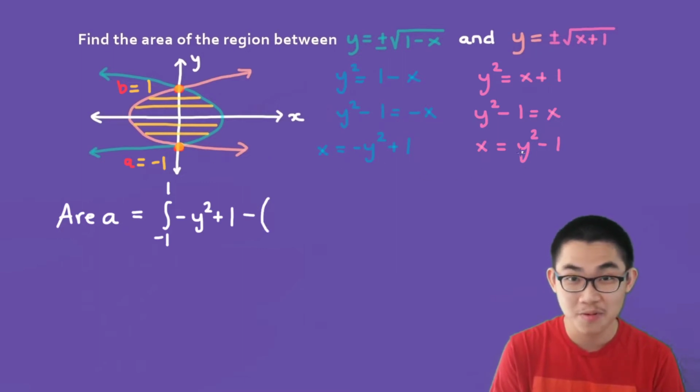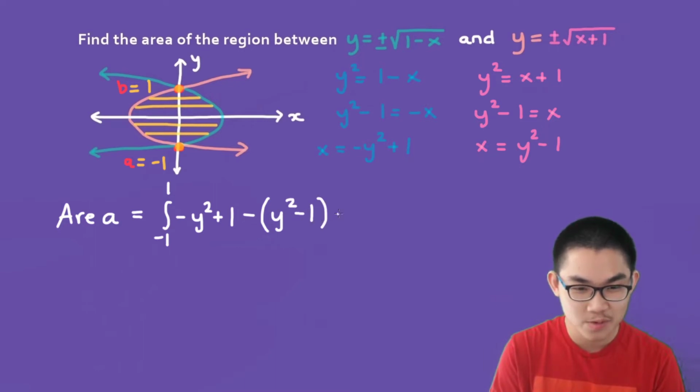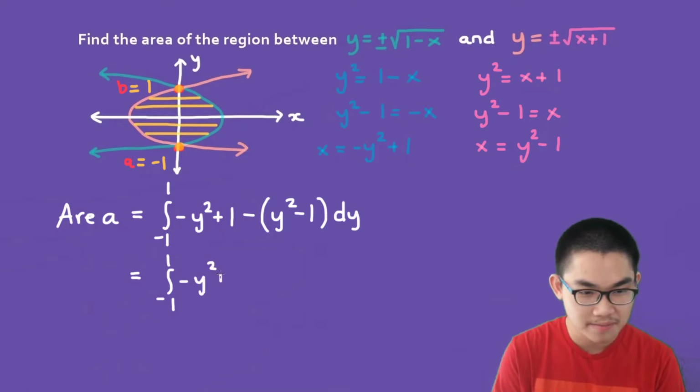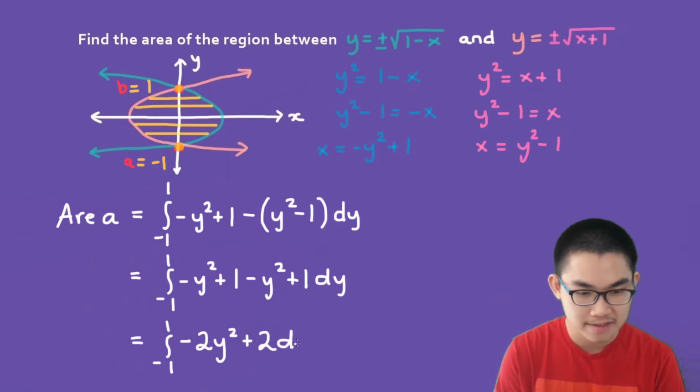That's going to be the pink one. So y squared minus 1, and do not forget the dy. Negative y squared plus 1 minus y squared plus 1. This is going to be negative 2y squared plus 2 dy.